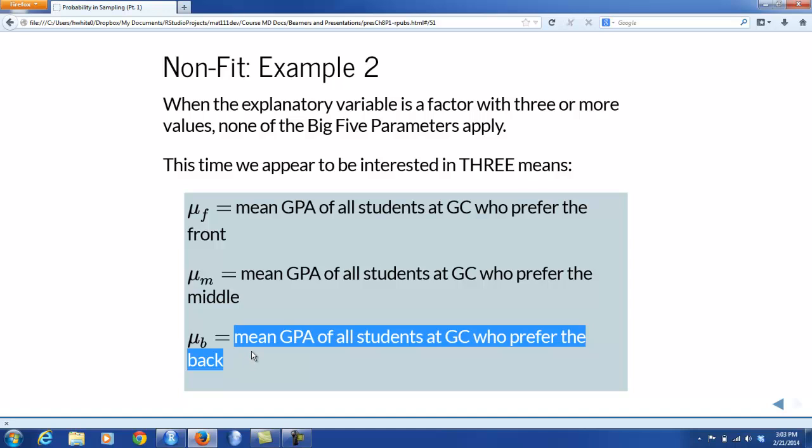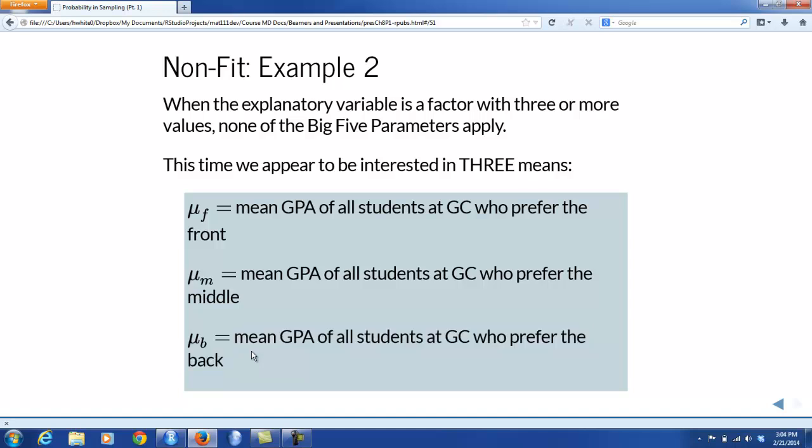And a mu sub b, the mean GPA of all students at Georgetown College who prefer the back. And when you're wondering whether seating preference makes a difference on average in one's GPA, you're wondering if all 3 of those means are the same or not. But you see it's a difference about 3 population means. It's not a question about the difference between any 2 of those means.